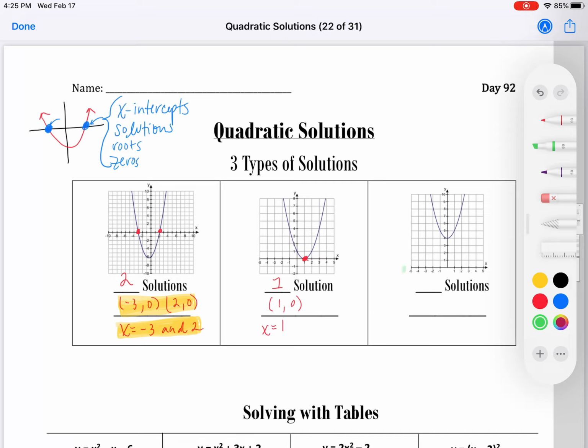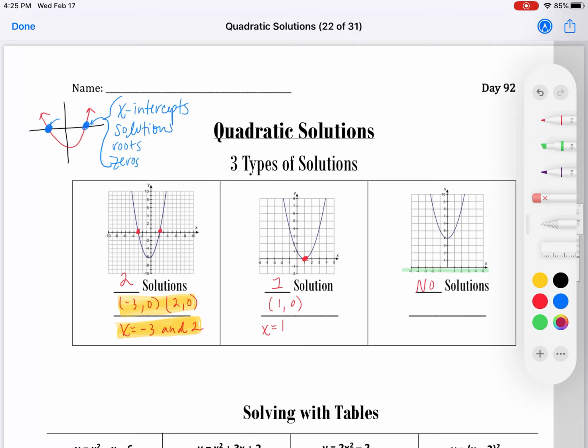The third option is when you graph a parabola and it never touches the x-axis. So this one has no solutions, because it doesn't touch the x-axis. You wouldn't have to put anything there. There are 0 solutions because my blue parabola never touches that x-axis.